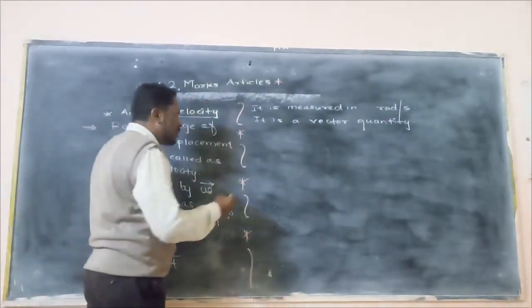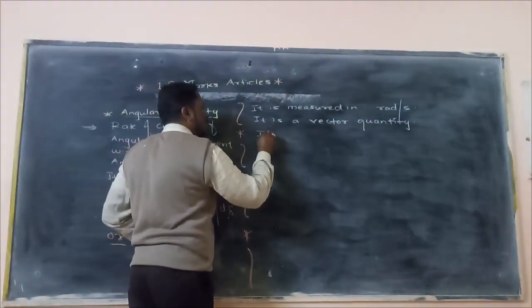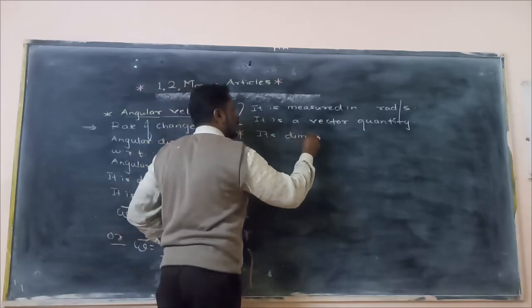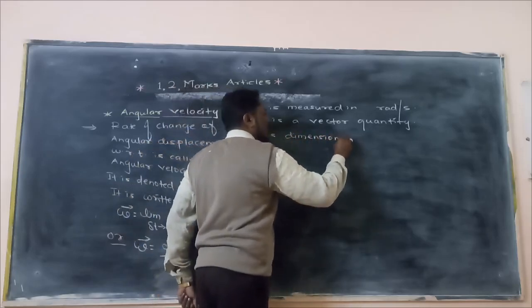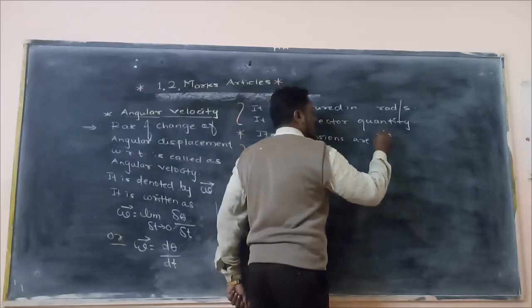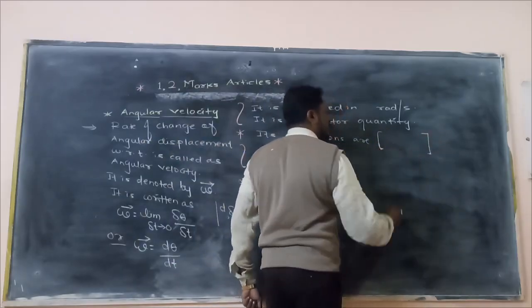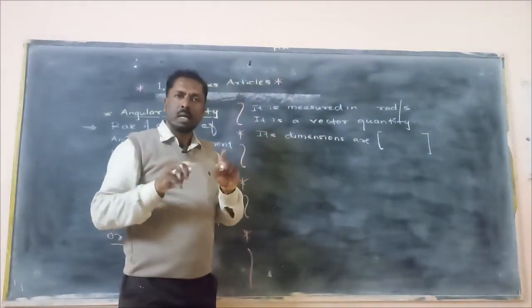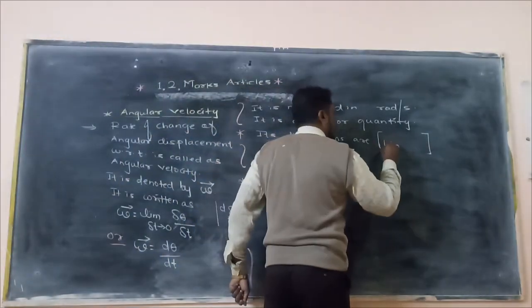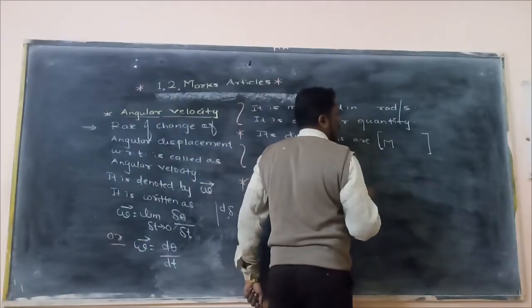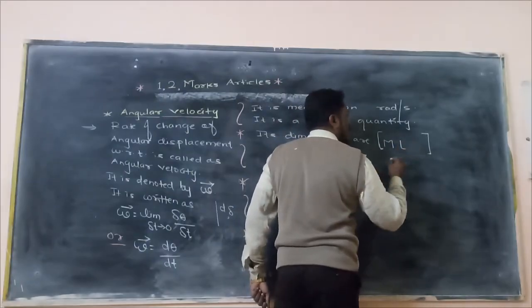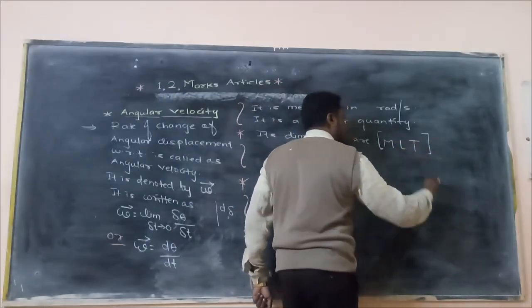What are its dimensions? Its dimensions we have to write in the form of square bracket. Dimensions generally written in square bracket in the form of MLT. M stands for mass, L stands for length, T stands for time.